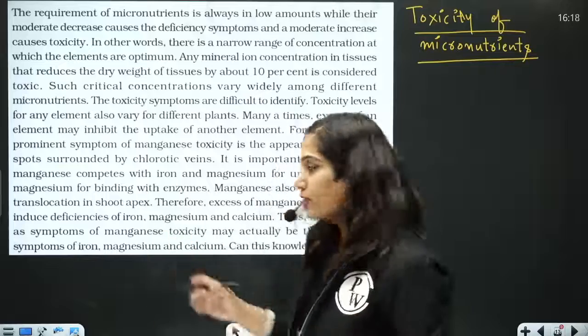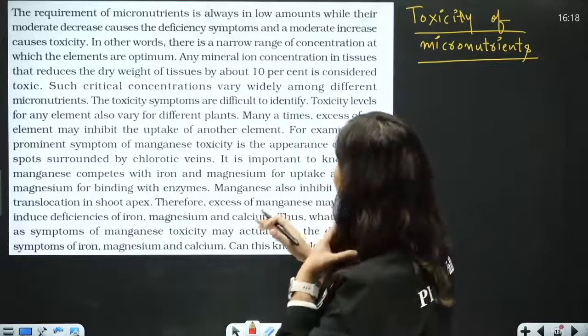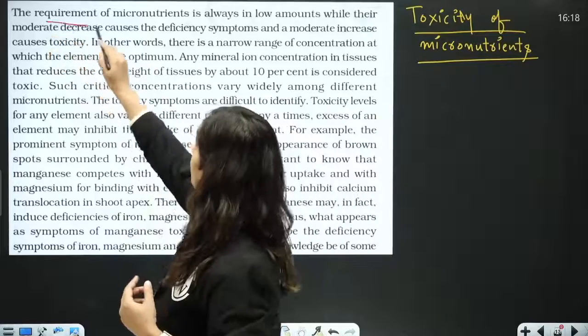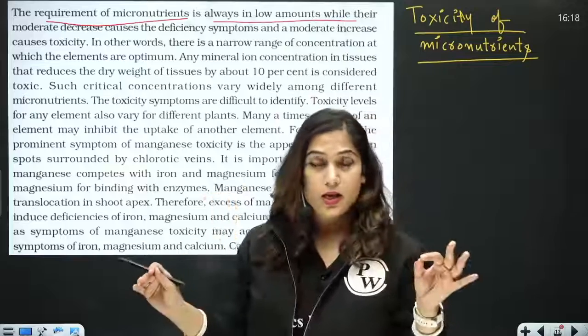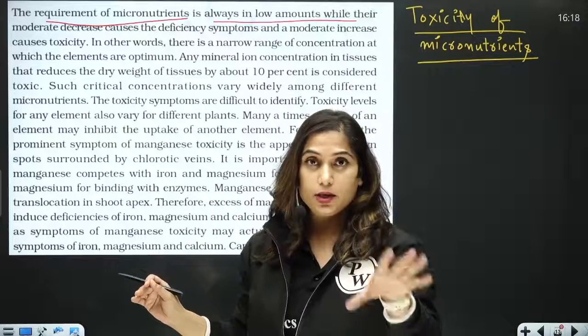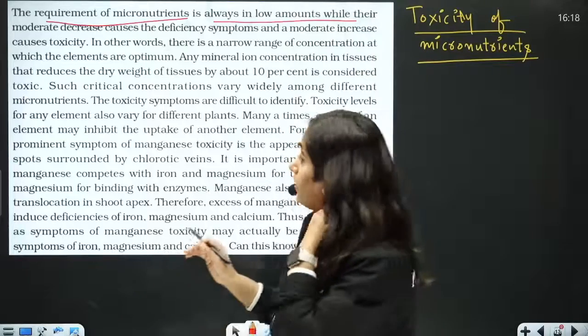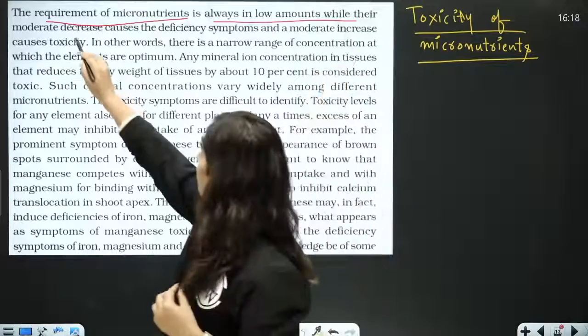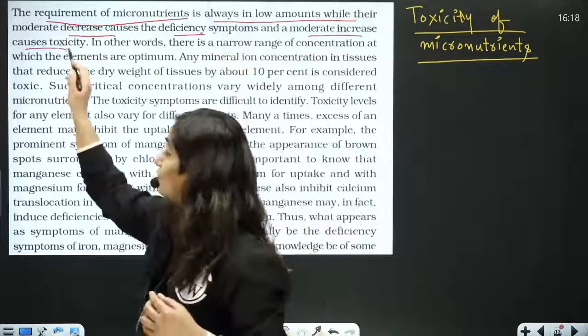Now let's read some important lines of NCERT regarding this. This says that the requirement of micronutrients is always in low amounts, very low in plants, while their moderate decrease causes deficiency and a moderate increase causes toxicity.